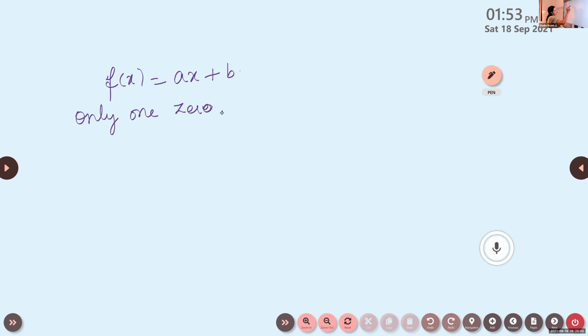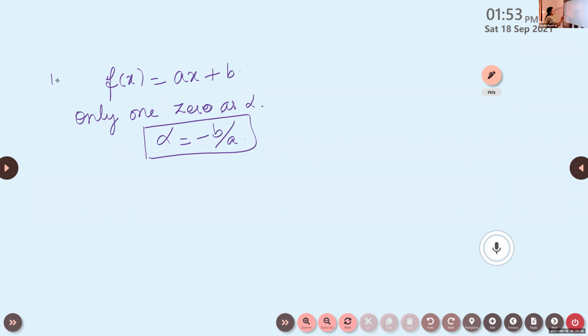Suppose we take the zero as alpha, then alpha is equal to minus b by a. This is the relationship between zeros and coefficients.